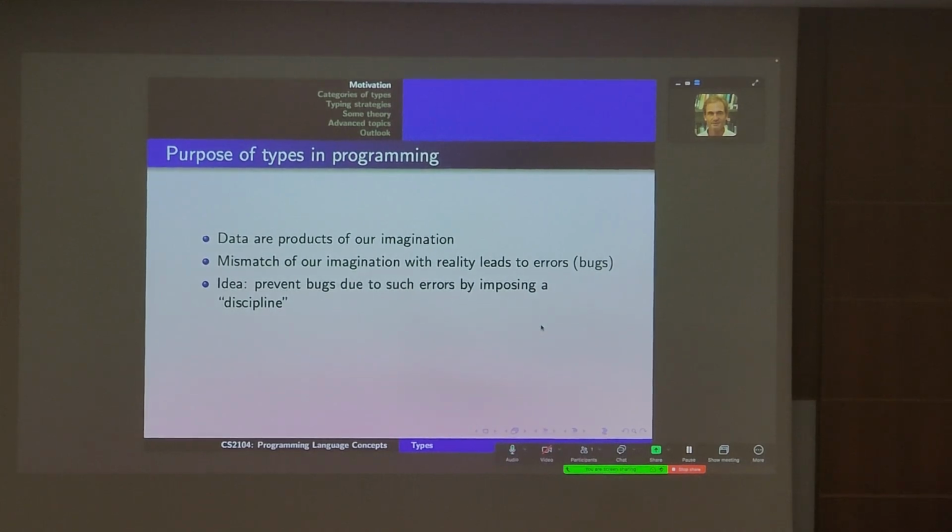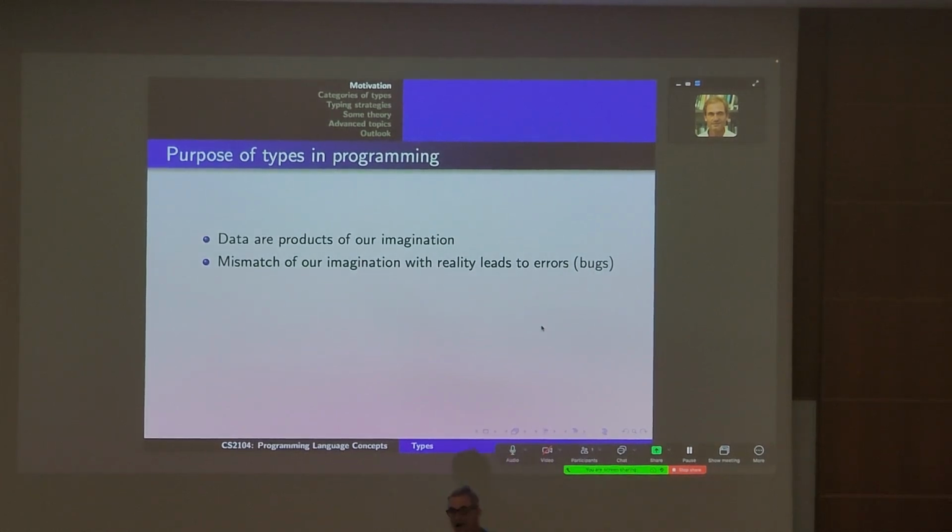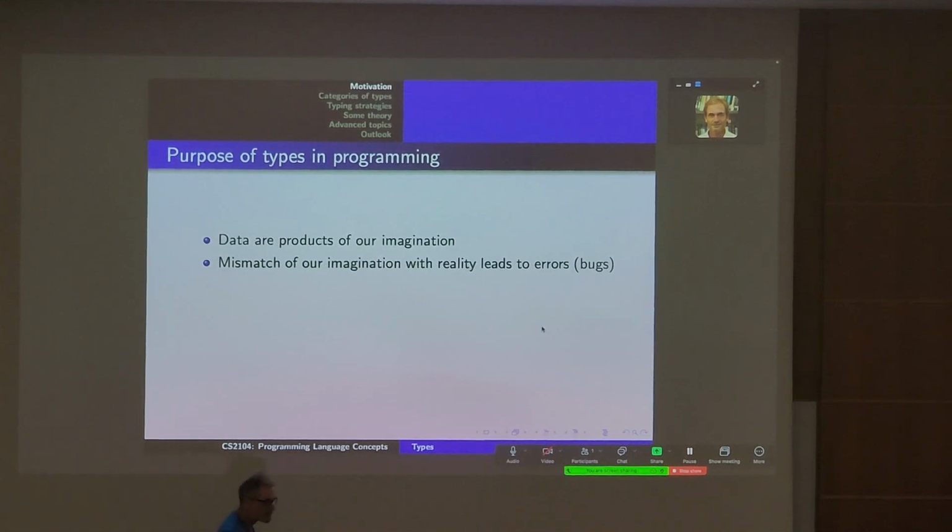And a mismatch of our imagination with reality leads to errors, bugs, right? So if something happens in a computer that is not consistent with your imagination of what should happen, what kind of structures you're dealing with, you are encountering errors, you're encountering bugs. And some of these bugs we call type errors.